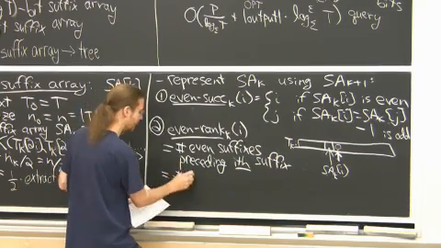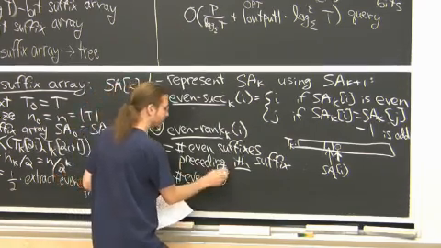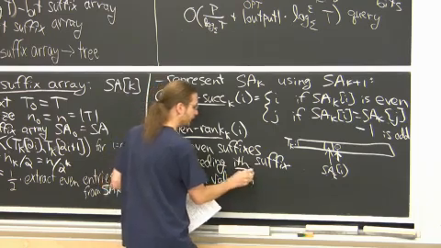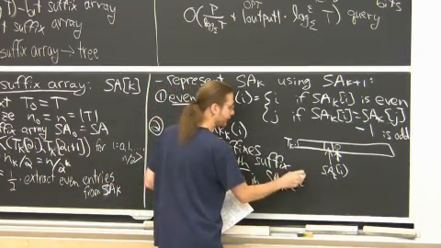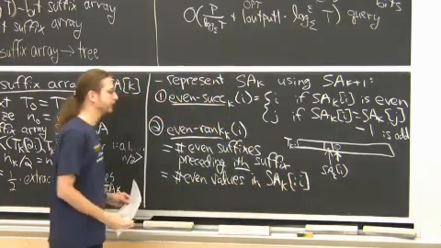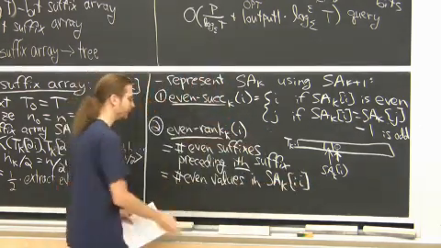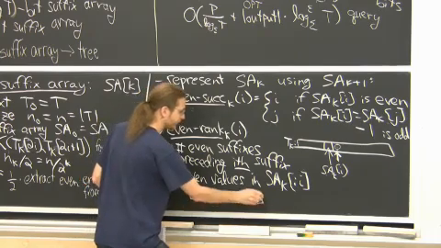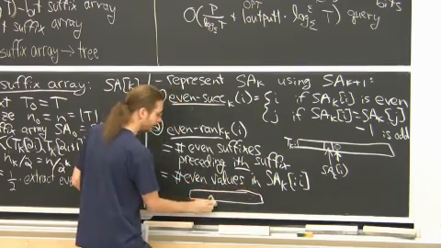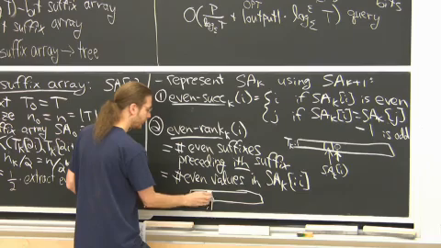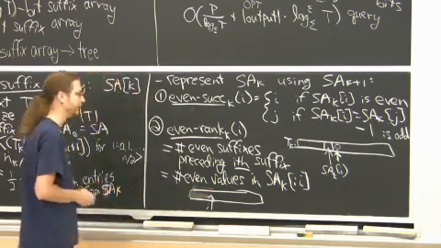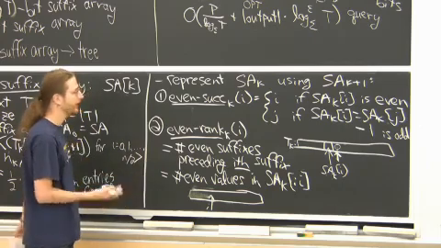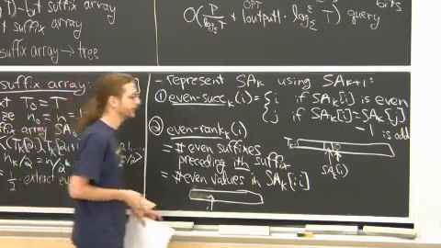This is the number of even values in SAK up to I. So we're looking, so this was the text. Now we're looking at the suffix array, which has the suffixes in sorted order. We're looking at position I here. And we want to know, of all of these values, which ones are even, or how many are even. That's the even rank. Again, a weird thing. We'll see why it's the right thing in a moment.